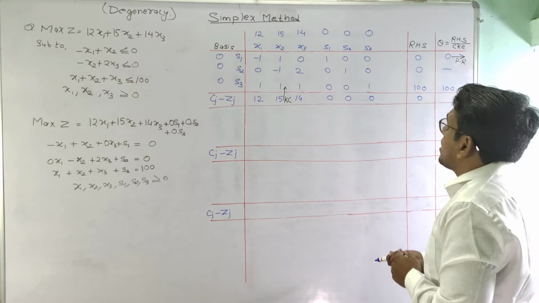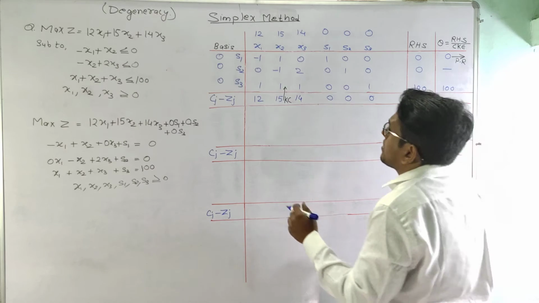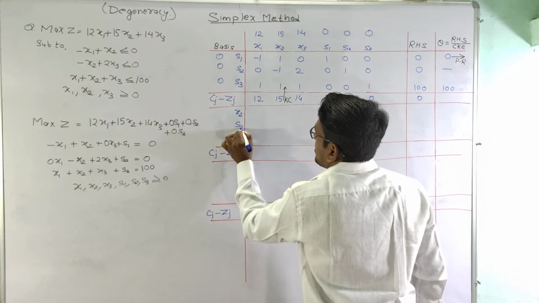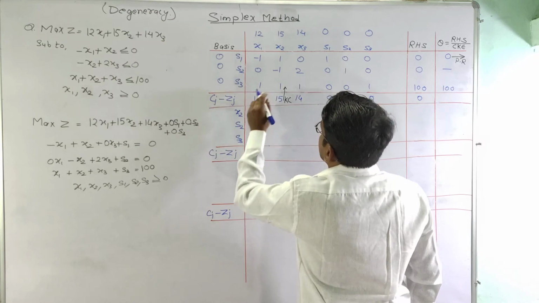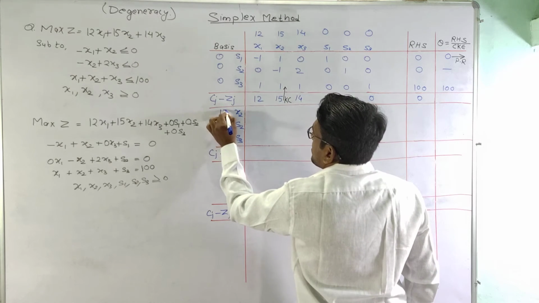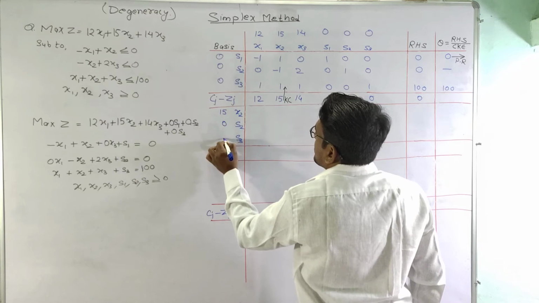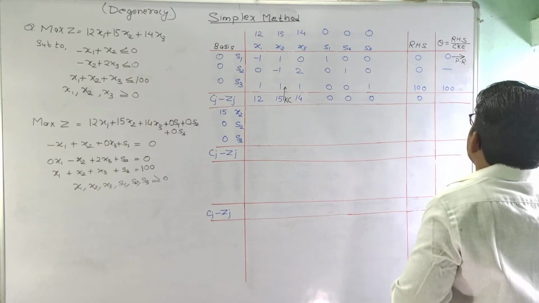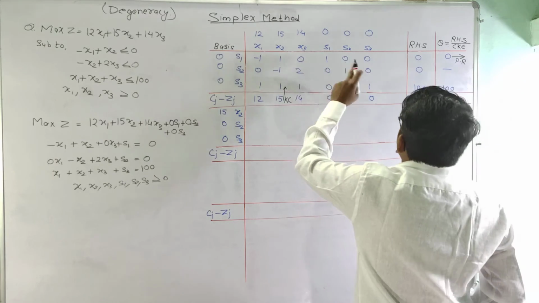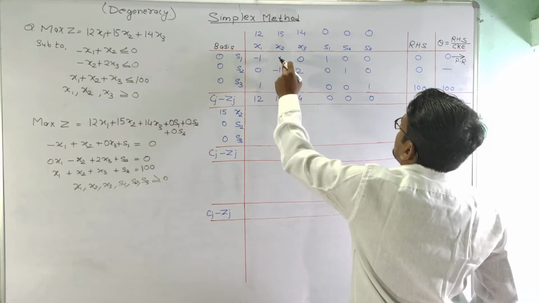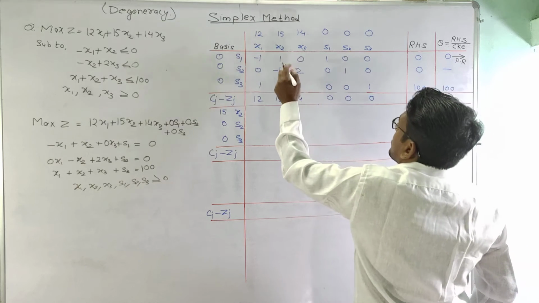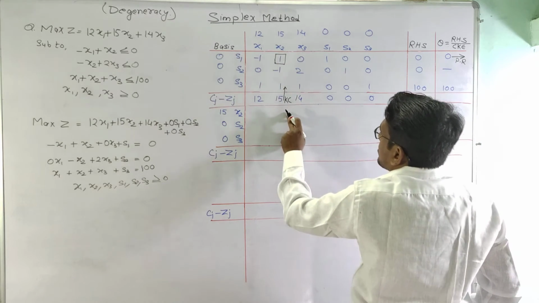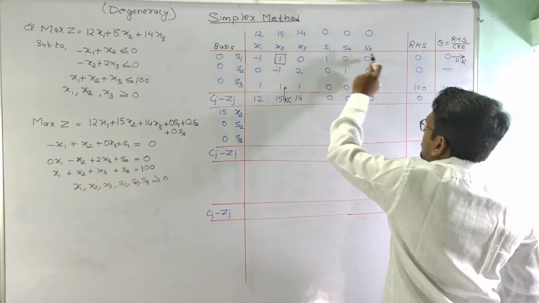So let us write x2, s2 and s3. The coefficient of x2 is 15, s2 is 0, s3 is 0. Now in order to make this a unity matrix, we will select this pivot element, which is the intersection of the key column and pivot row.